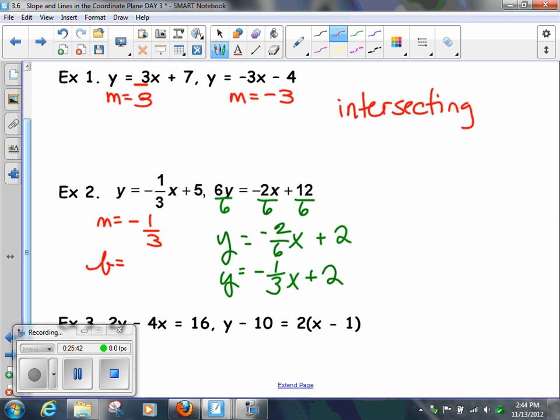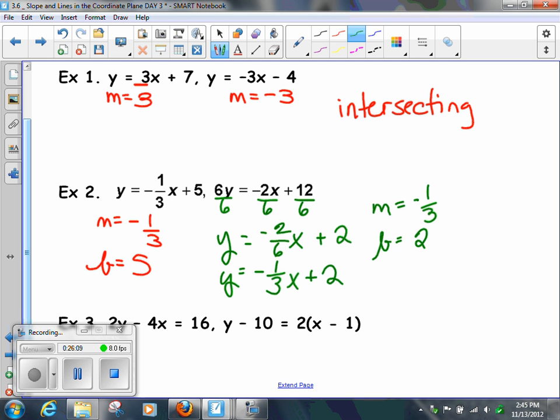What's my y-intercept in the first one? Positive 5. My slope in that second equation is negative 1/3, right? But my y-intercept is positive 2. What do they have in common? What's different?